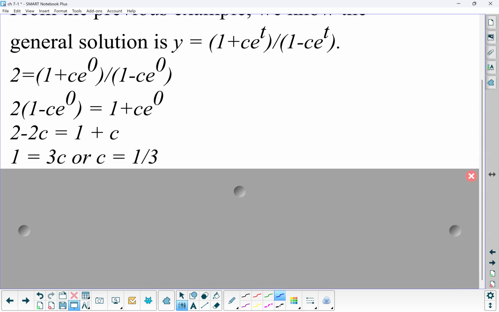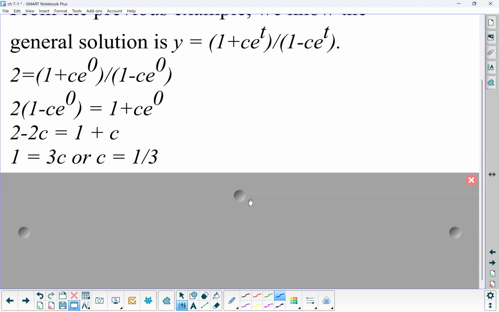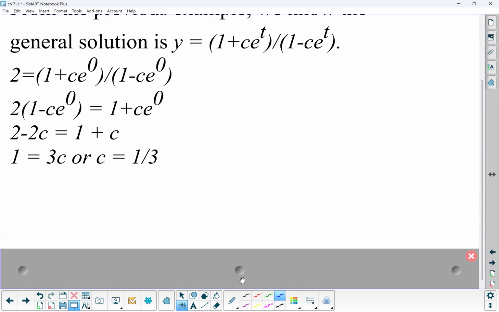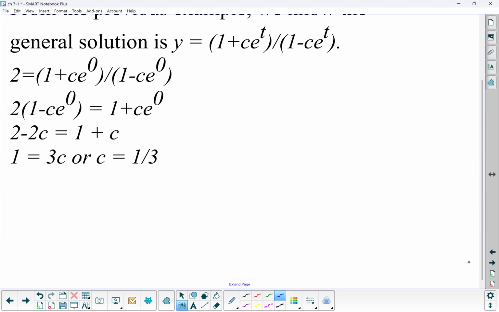Solving for c, I subtract 1 from both sides, add 2c to both sides. I get 1 equals 3c, or c equals 1/3. So I could plug 1/3 in to both of my values for c.